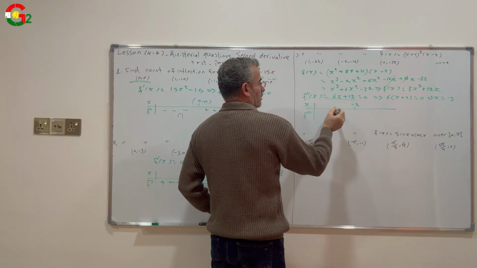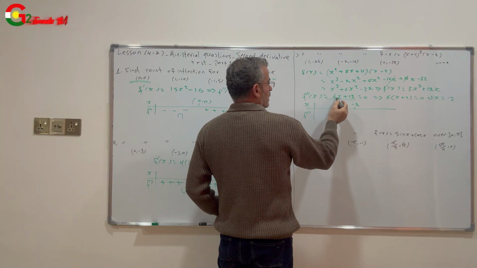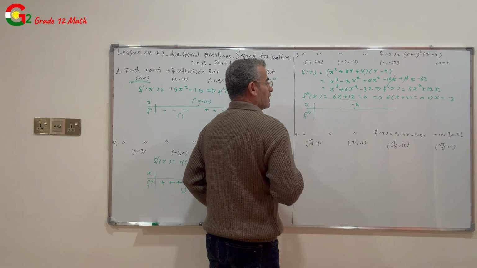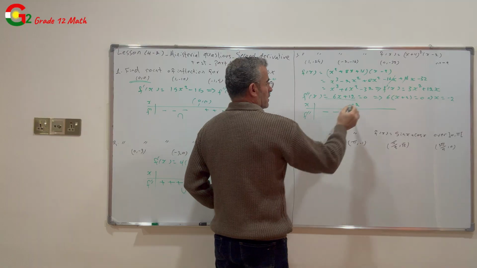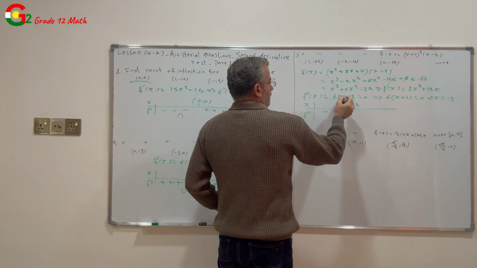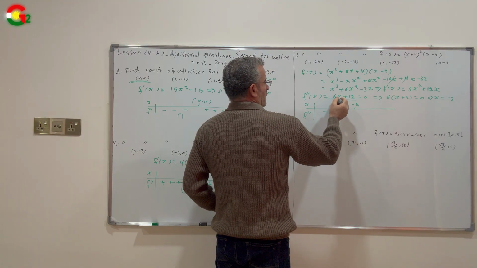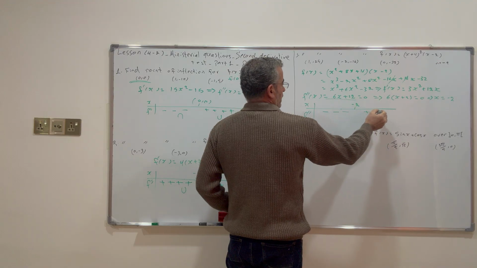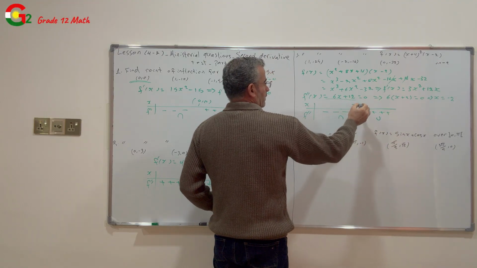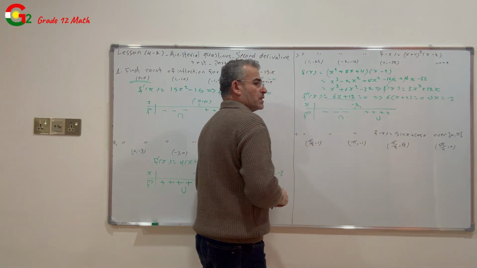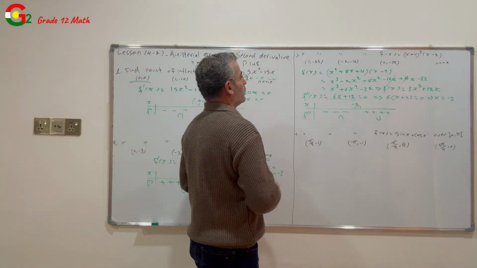Before negative 2, take negative 3. 6 times negative 3 is negative 18 plus 12, negative 6. After, take negative 1: 6 times negative 1 is negative 6, plus 12, it is a positive value. Then negative 2 is an inflection point.